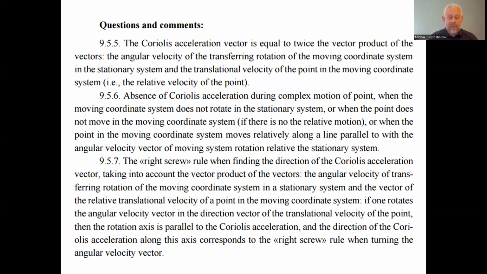957. The right screw rule when finding the direction of the Coriolis acceleration vector, taking into account the vector product of the transfer angular velocity of rotation of the moving coordinate system in the stationary system and the vector of the relative translational velocity of a point in the moving coordinate system.